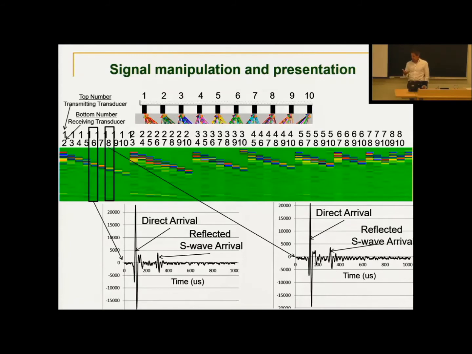We can generate different kinds of data. And the example I have here is that when we fire at, say, 1 and listen at 6, maybe we get a signal that looks like this at 6, right? And then we fire at 1 and listen at 8, maybe we get a signal like that.